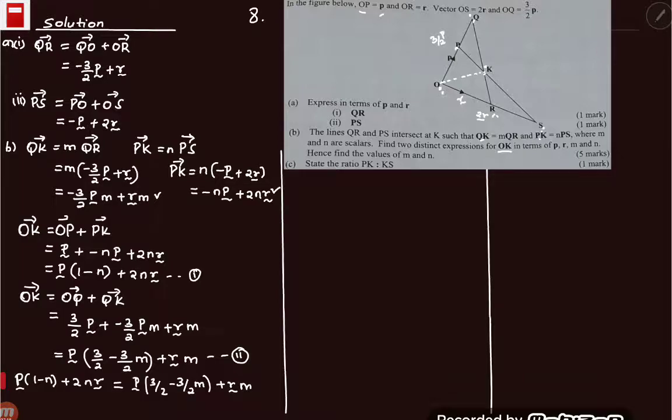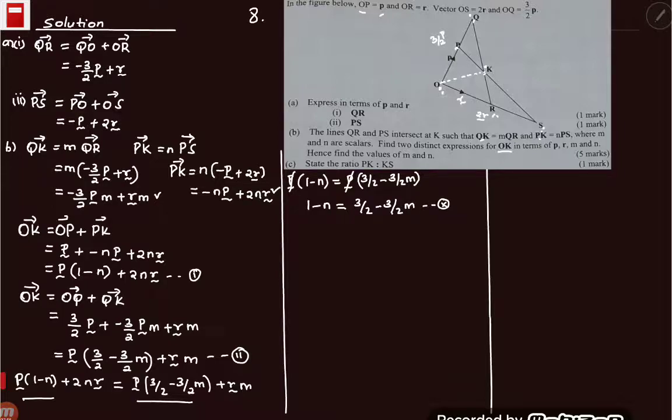Now equating the terms with the common vector, this is for vector P, this is for vector P, we will have P times 1 minus N is equal to P times 3/2 minus 3/2 M. The vectors cancel, so we will have 1 minus N is equal to 3/2 minus 3/2 M. You can call that star.